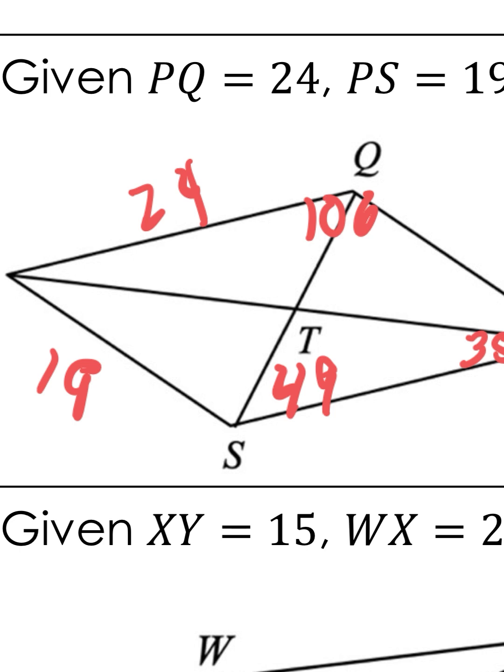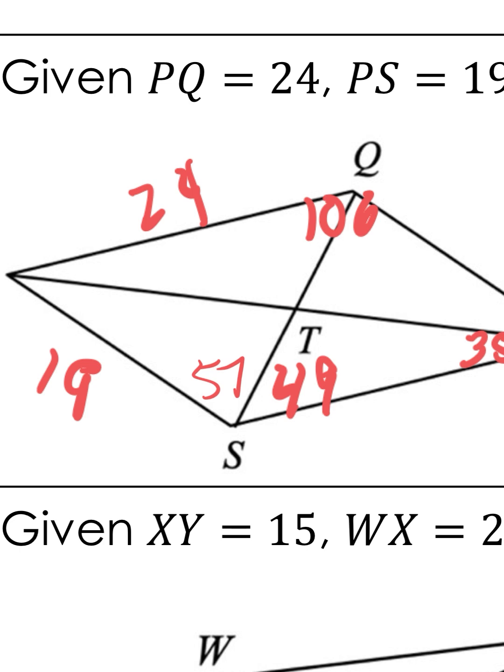That would be what's left over for this angle here. This one right here. 106 minus 49. So 106 minus 49 is? Anybody? 106 minus 49 is? 57. Awesome, 57. So this is 57.